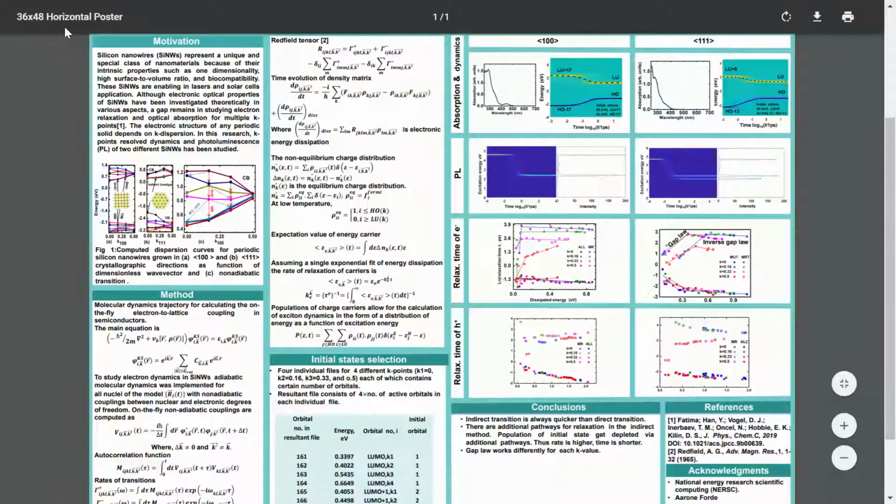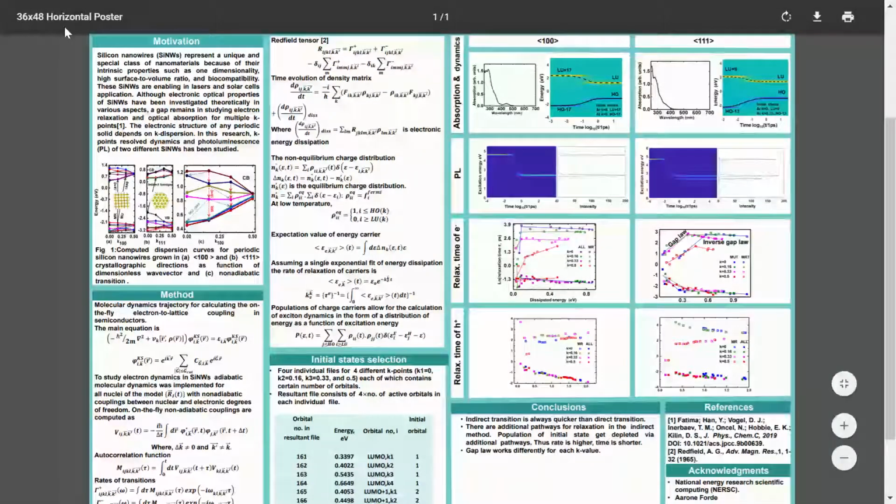This is the LUMO of k-point 1, and the next one is LUMO for k-point 2, then LUMO for k-point 3, then k-point 4, and then it starts from LUMO plus 1 for k-point 1. That's how the states are arranged. We need this for all of these dynamics calculations, not for the assumption.